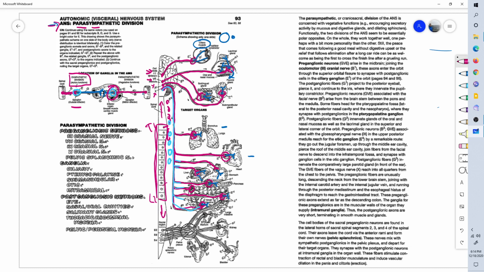Now, for the pelvic organs and some of the lower digestive organs, like the rectum and the large intestine, you see that the preganglionic neurons start in the sacral section of the spinal cord, the lateral horn, of course, and they extend out and form into a plexus of sorts called the pelvic splanchnic nerves.